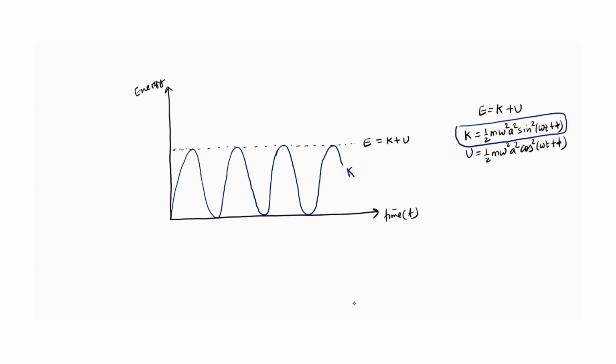And we have potential energy in terms of cos square. So we can represent potential energy in this way. I'm drawing it roughly. Clear?